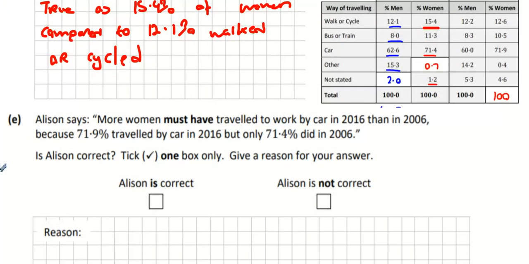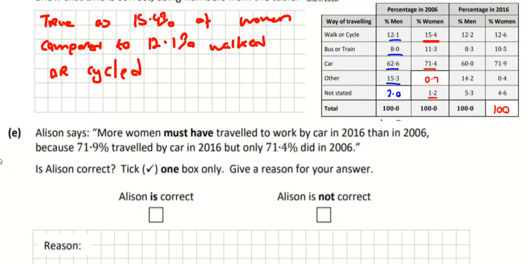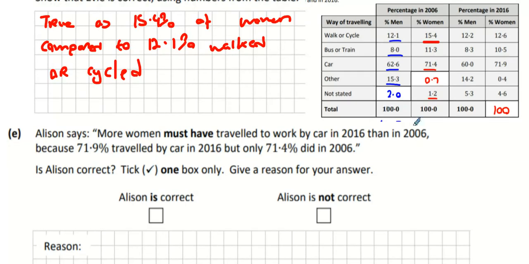E. Alison says more women must have travelled to work by car in 2016 than 2006, because 71.9% travelled by car in 2016, but only 71.4% did in 2006. Is Alison correct?